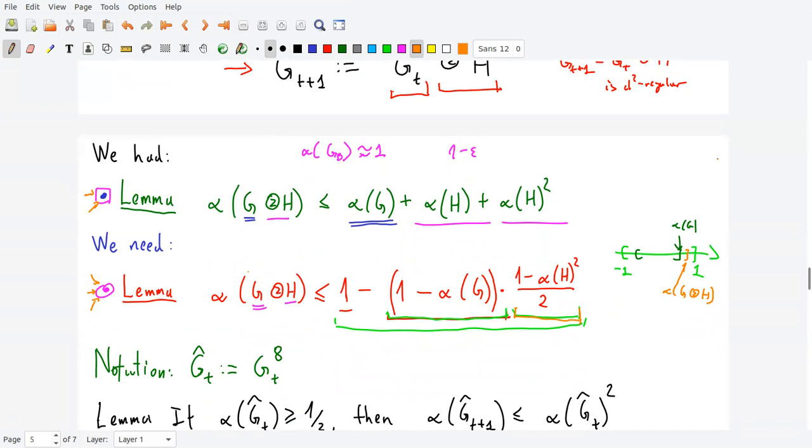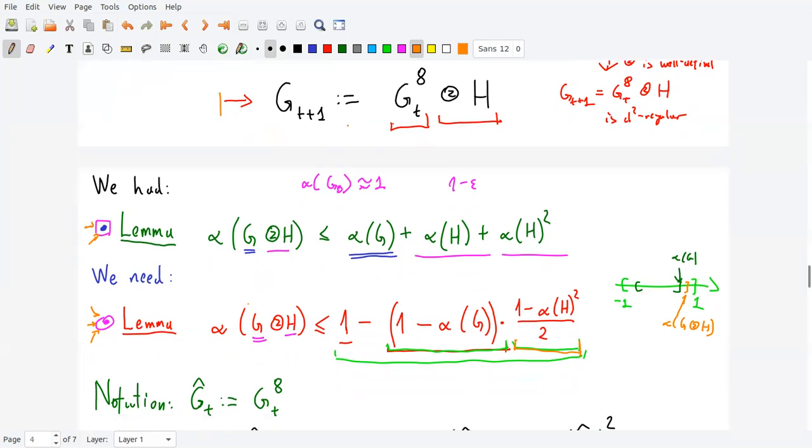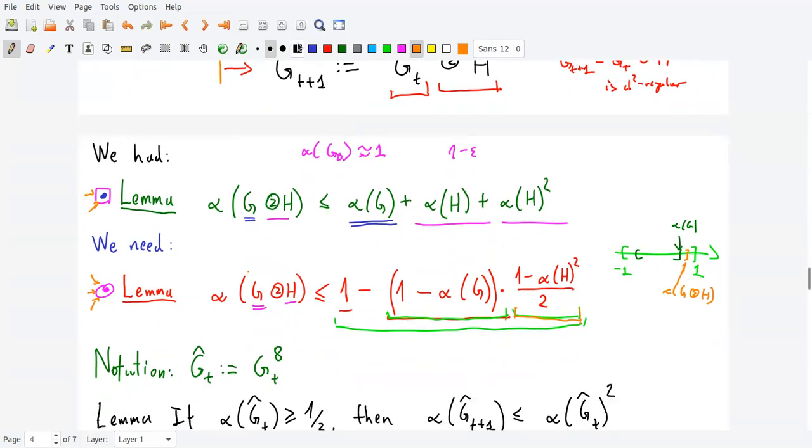then we can use this lemma to analyze our sequence of graphs G_t that are defined using this procedure. For ease of notation, let G_t hat be this graph G_t taken to the power 8.